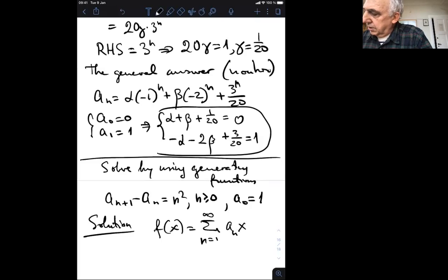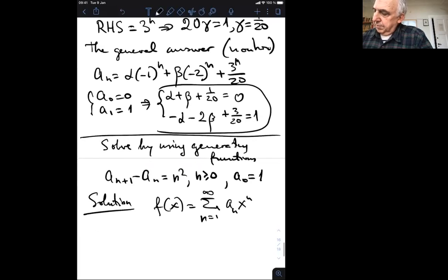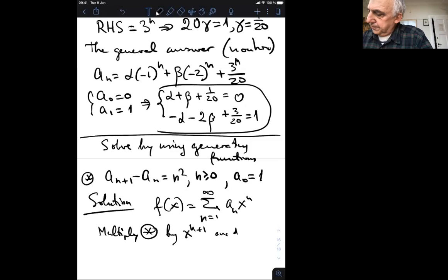And so we'll be multiplying this equation by x to the power n plus 1 and adding. So what do we get?